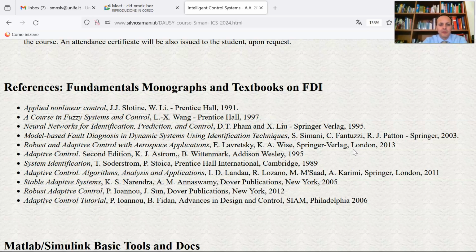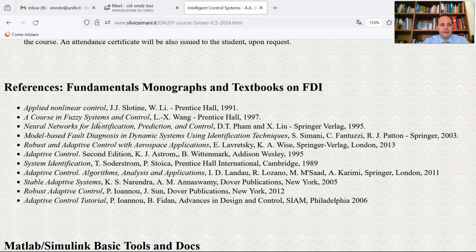Most of you perhaps already know these basic textbooks, because they represent important points in the studies. There are some books on general nonlinear control, and I also reported here something that we will not examine in this course, in particular fuzzy systems, which are not considered because we are focusing directly on neural networks.